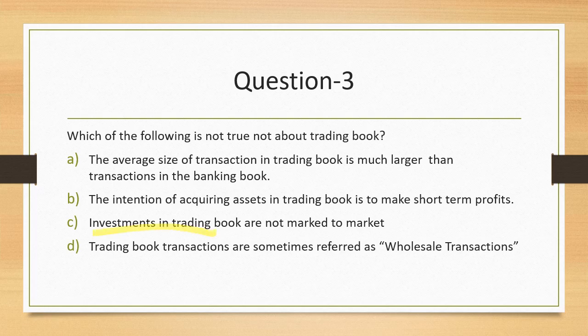Investments in trading books are not marked to market. No, this is not true. Why? Because whenever you hold assets in a trading book, you are supposed to mark to market. Trading book transactions are sometimes referred to as wholesale transactions, which is correct. So the answer C in this case is not true about trading book.